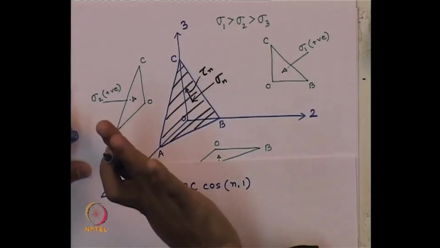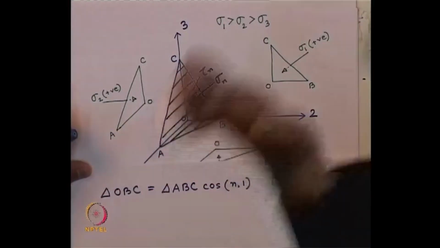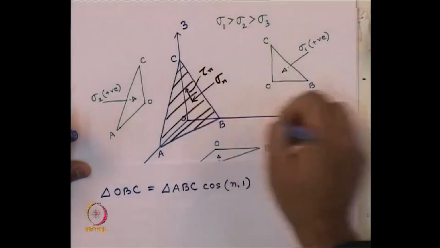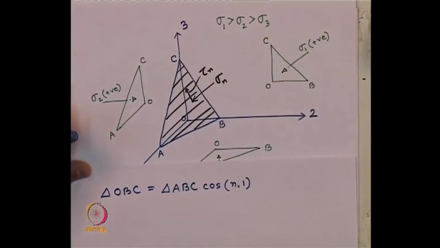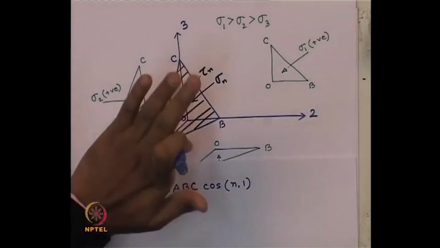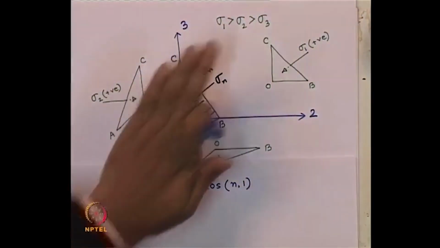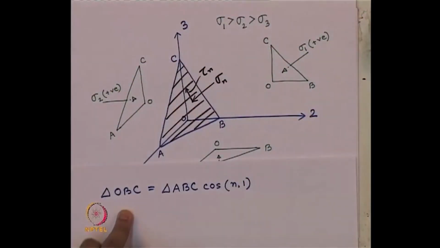So, the projection of this area on the 2, 3 plane will give us the area OBC, right.